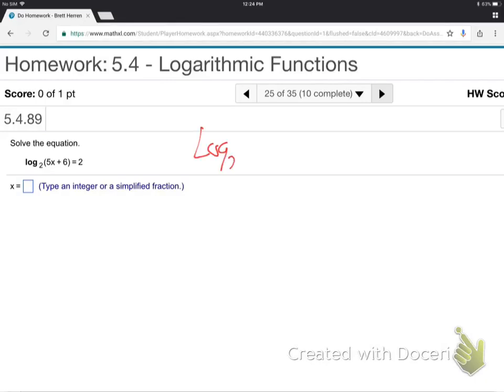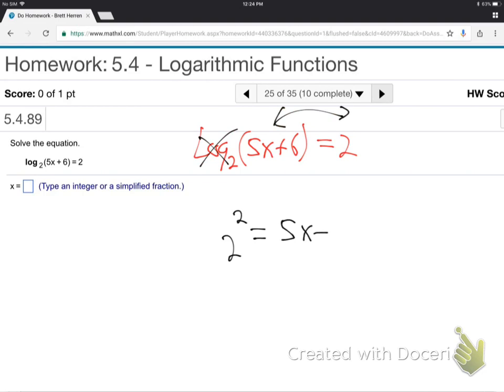Okay, so log base 2 of 5x plus 6 is 2. Try that one. Lose the log, base stays the base, other two switch. Instead of 2 to all that x stuff, it's 2 to the 2, and all that x stuff goes over there.